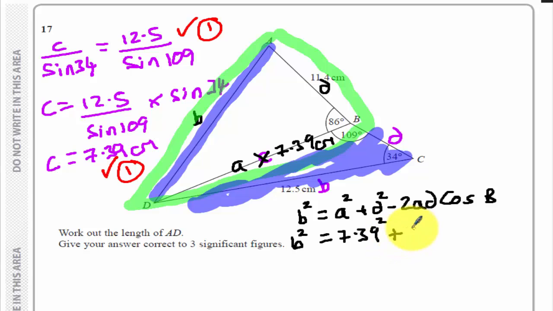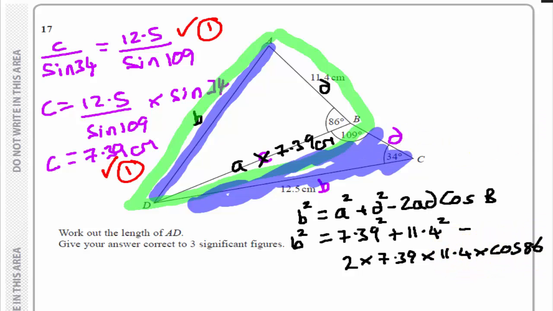So I'm just substituting in the values of a and d. Minus, I'm going to drop down a line here because I've run out of room, 2 times 7.39 times 11.4 times cos 86.